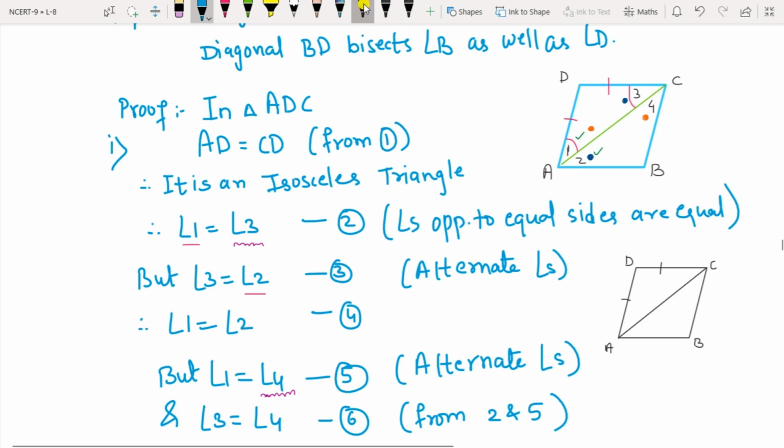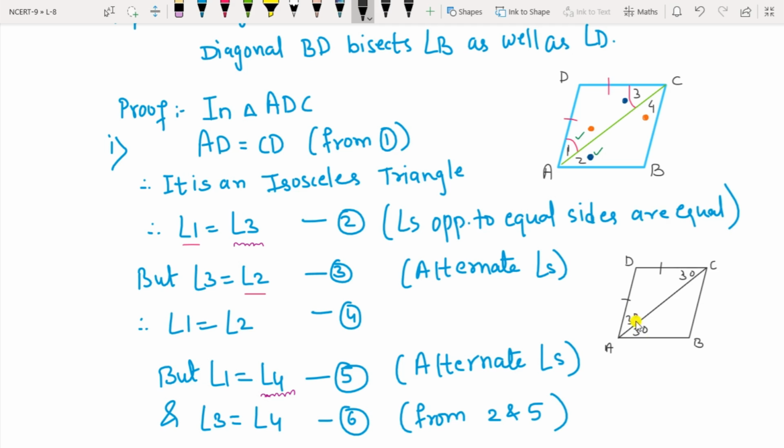Okay, now as I have shown above, as this will be 30, this will also be 30 because it is an isosceles triangle. But this will be 30, so this is also 30 since they are alternate angles, and therefore these two are equal, so 1 will be equal to 2 here.